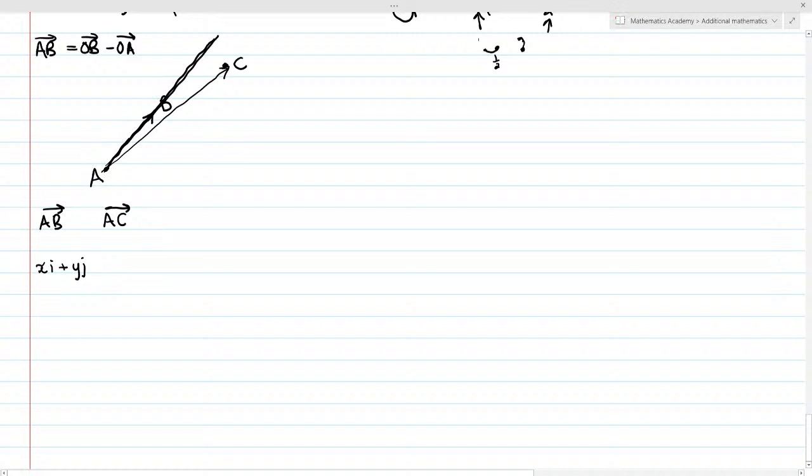Every line is only given by a point and a slope, and so the line AC must be the same as the line AB, because both of these lines have the same slope and pass through the same point A. And so that tells us that points A, B, and C are collinear. So that's one way of figuring out whether or not points are on the same line, or that points are collinear.